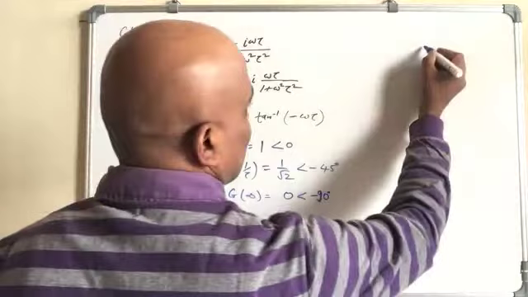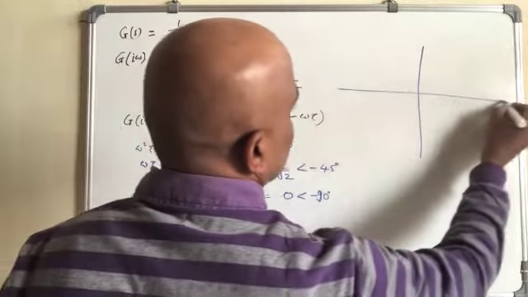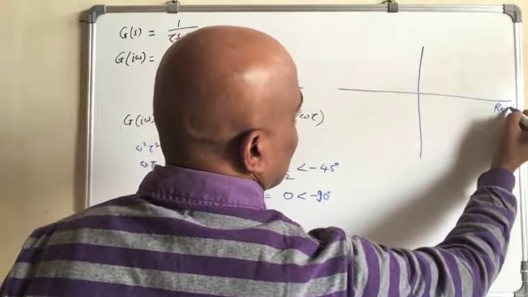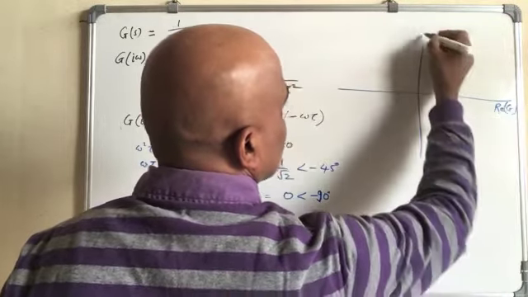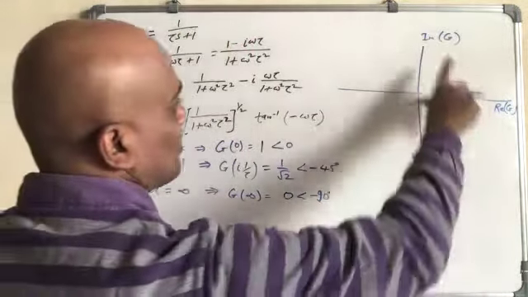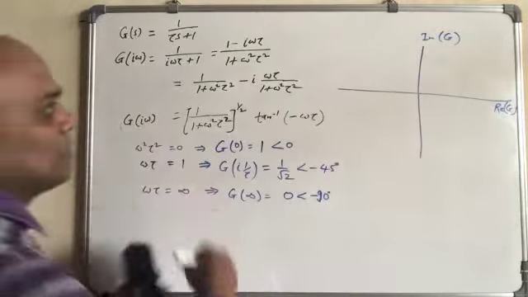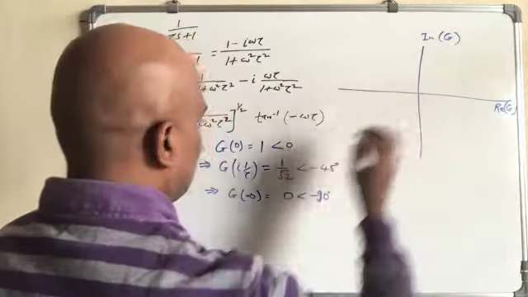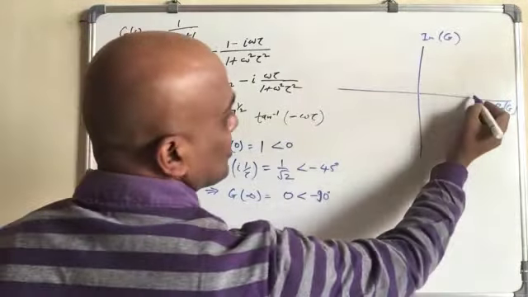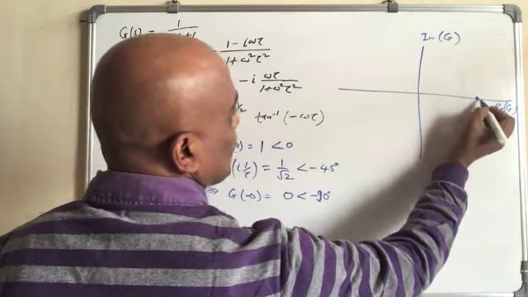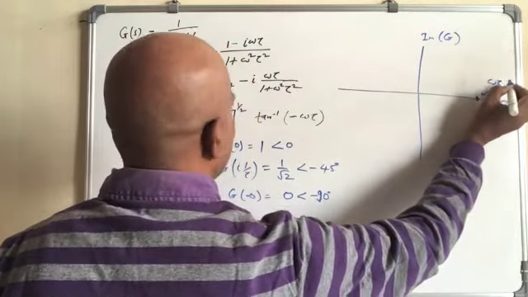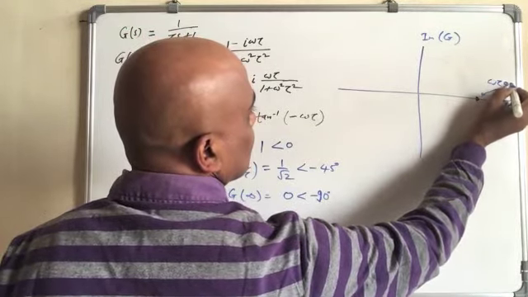So we can now try to plot it based on this information and see how it looks. Here we have the real of G, and this is the imaginary of G, where G(iω) is what it means. Here we have magnitude 1, angle 0. So let's have this point, which corresponds to ωτ equal to 0.